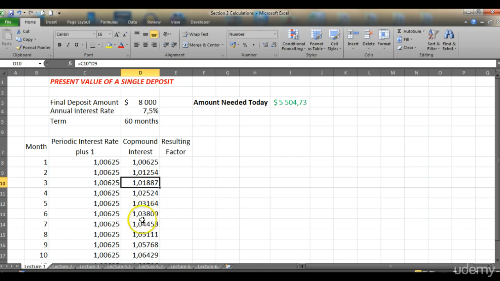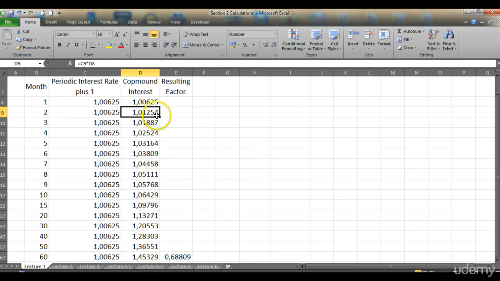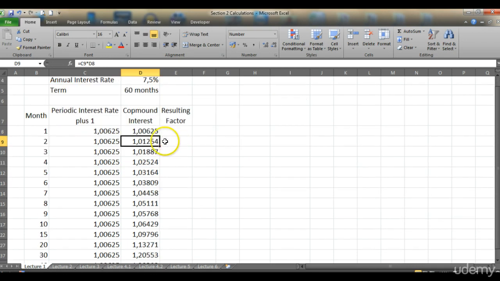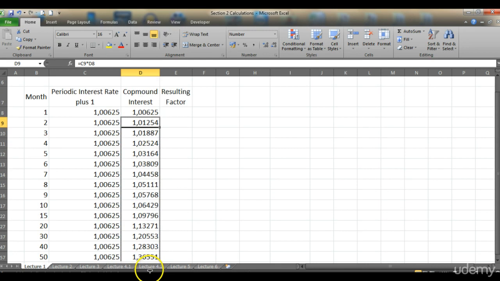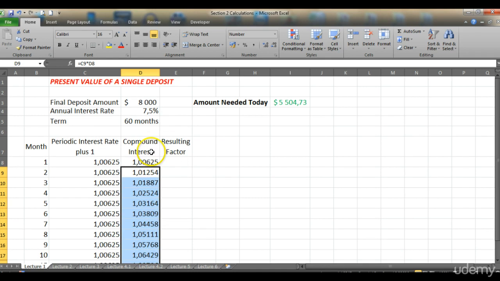And here you can see that the formula is exactly the same: compound interest from previous month multiplied by periodic interest rate plus 1. So when you enter the formula for the second month, you just have to drag this to the end of the period in order to receive the values of compound interest for every month.